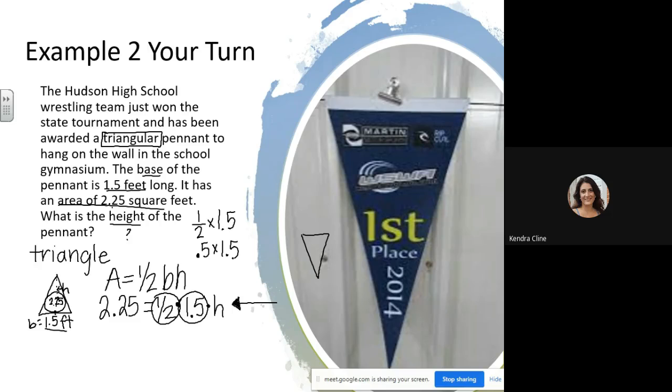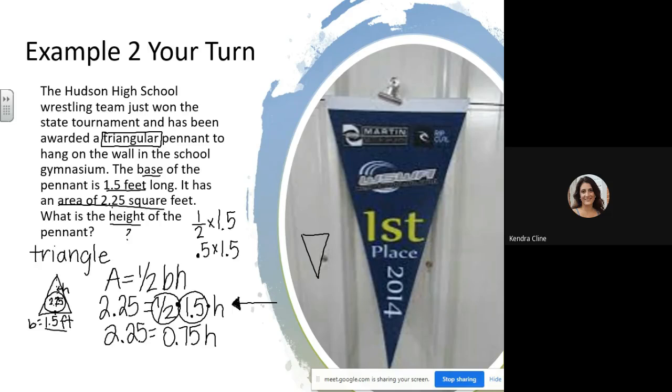You're going to get 0.75. Now, the 2 things I've circled, I've simplified. I'm going to bring down my H, bring down my equal sign, bring down my 2.25. And now my goal is to get H by itself.